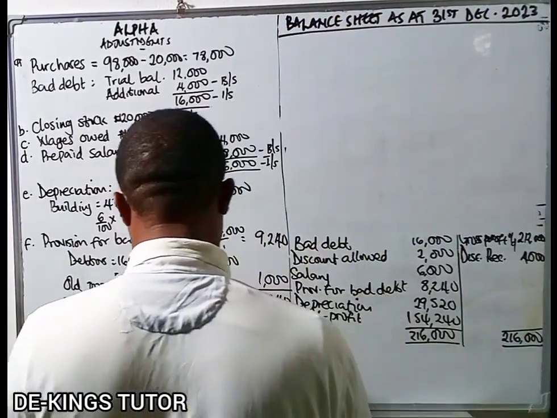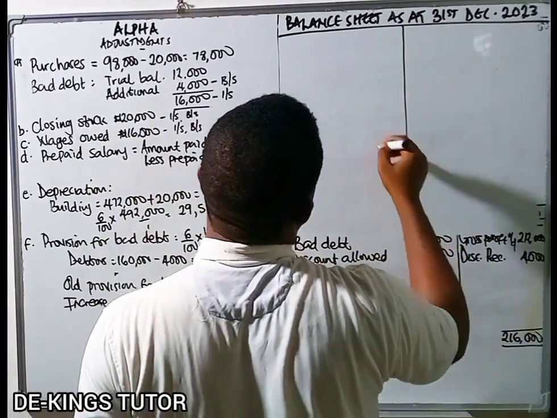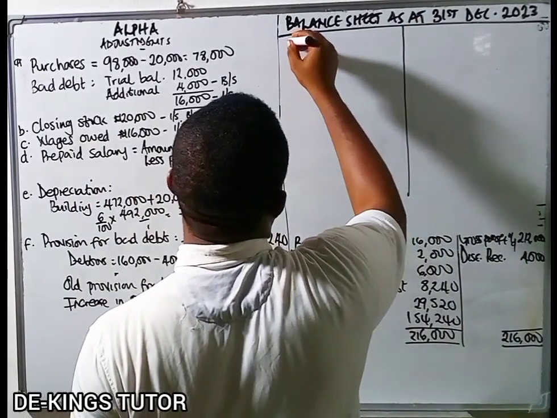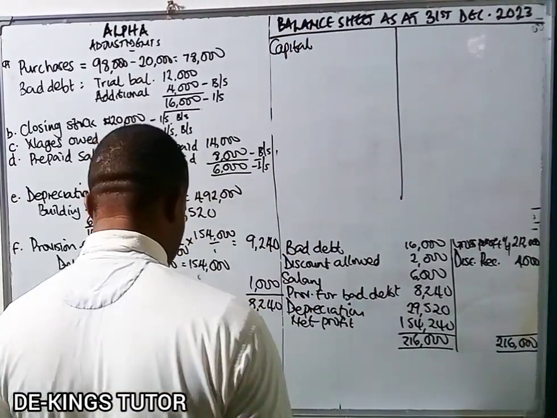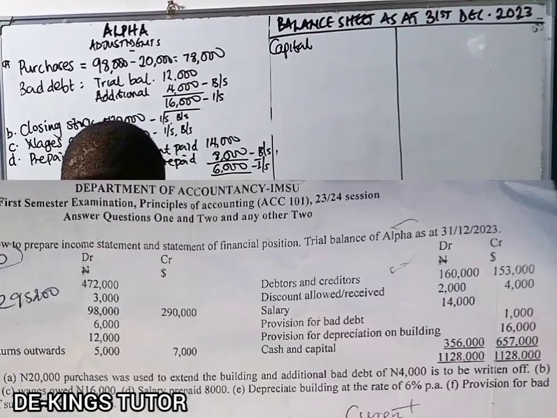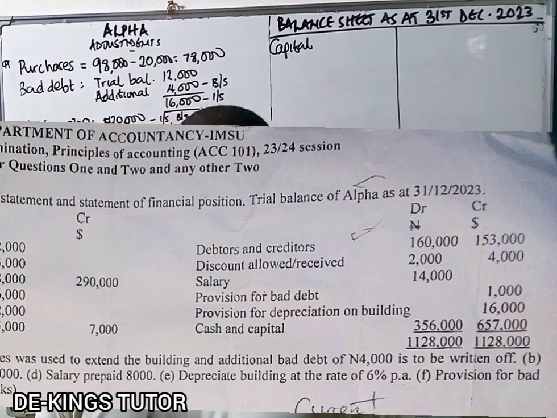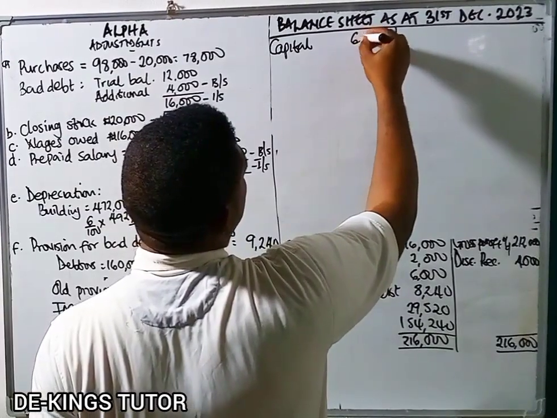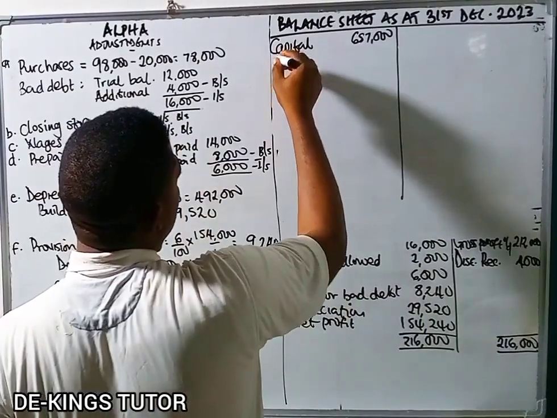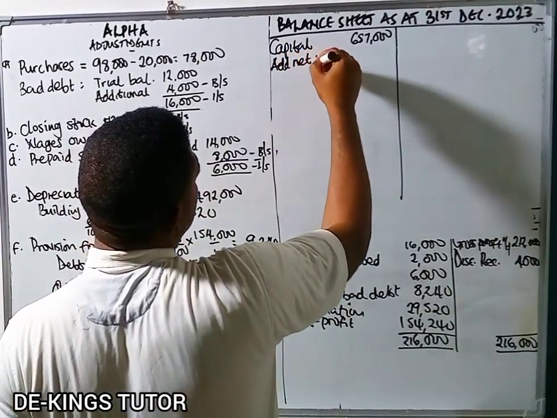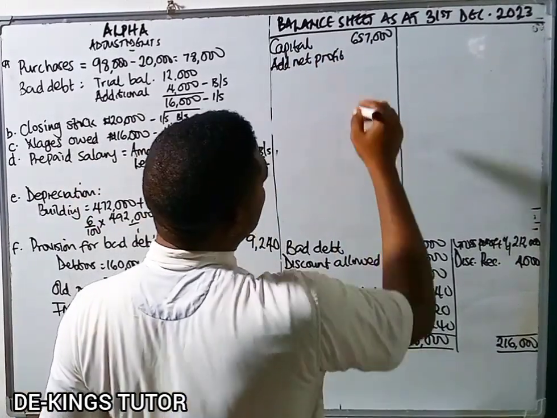Let's start with our capital. The capital from the trial balance there is 657,000. That's the capital. So we now add net profit. What's the net profit here? 154,240.